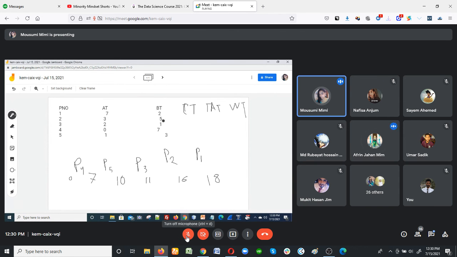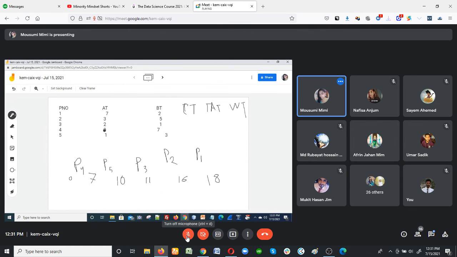Because the burst time is 5. 5 plus 11 equals 16. You have to do the summation here.